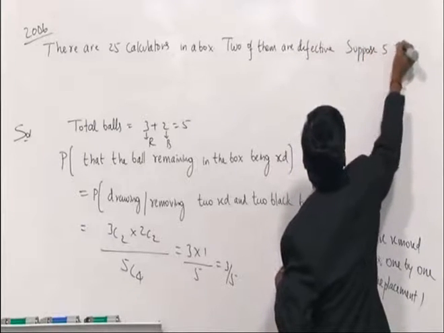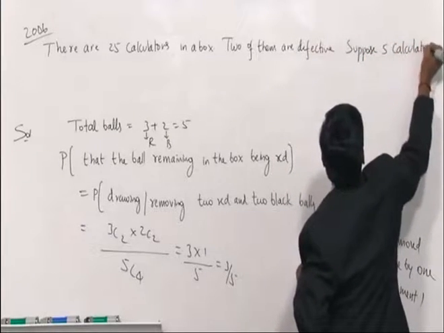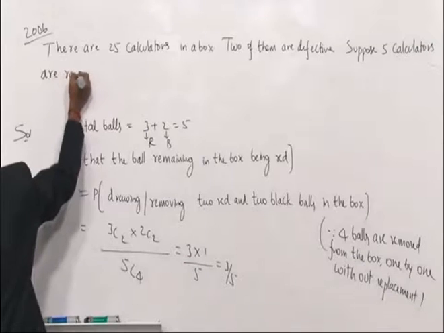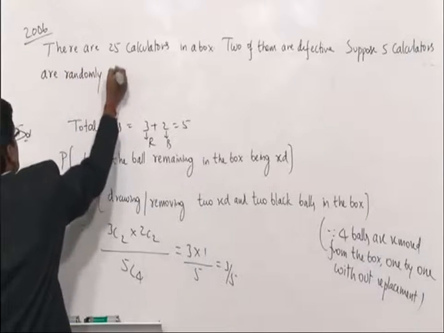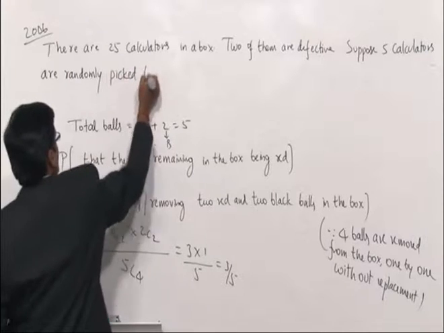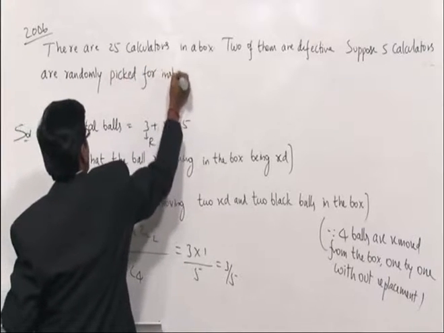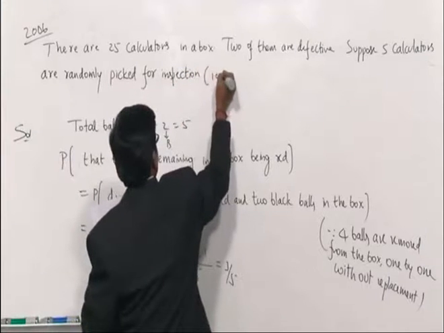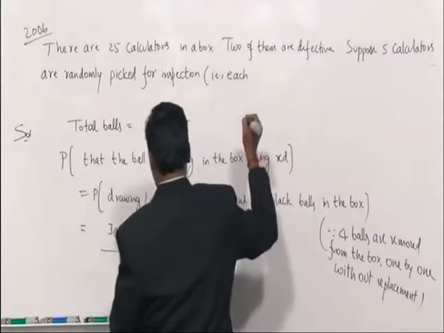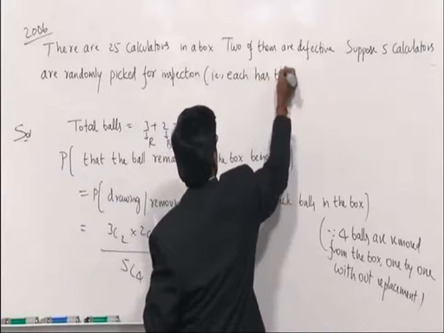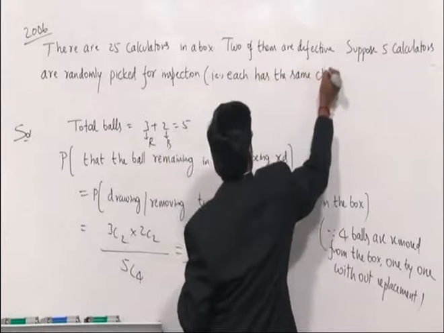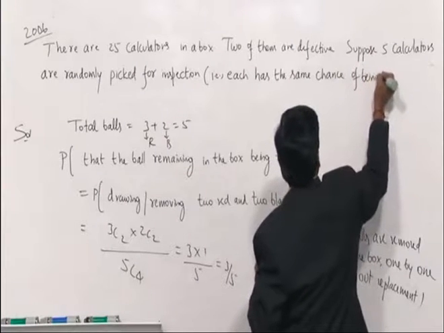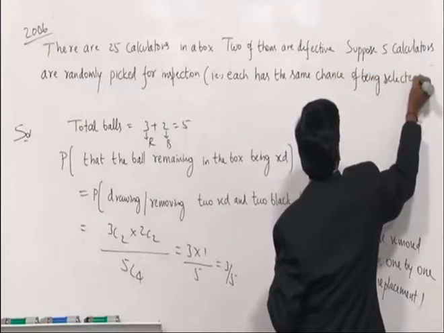Suppose 5 calculators are randomly picked for inspection, that is, each has the same chance of being selected.